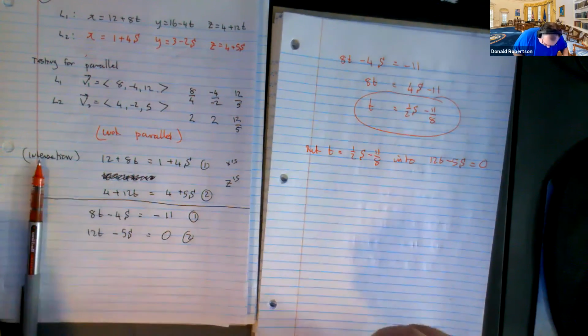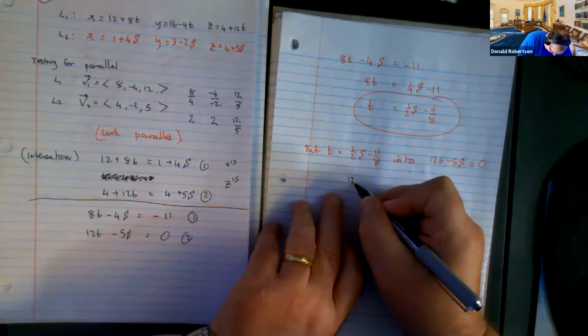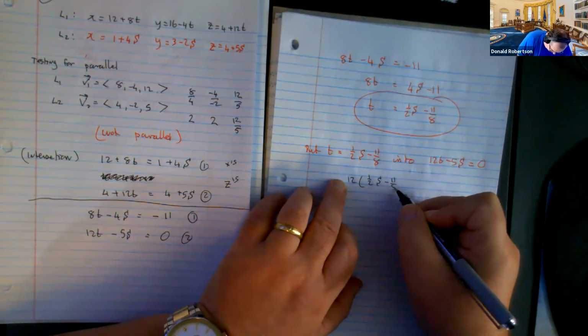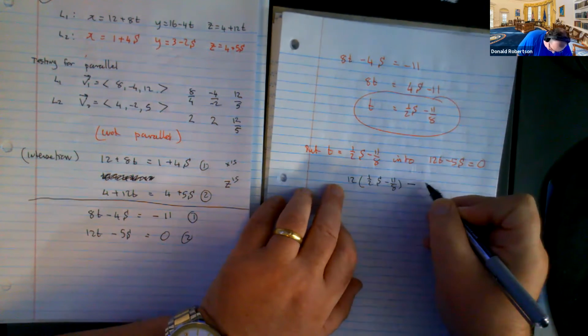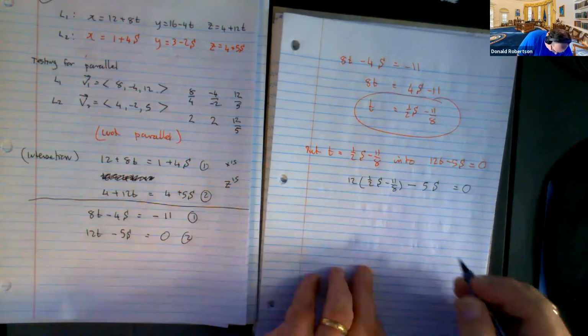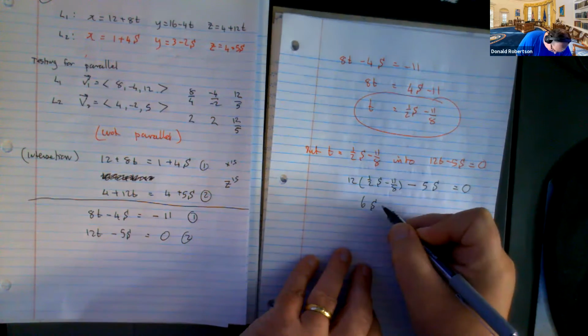Let's go back to black. So what do I have? I have 12 lots of this guy, take away 5s equals 0. 12 lots of that guy gets me 6s. 12 lots of that guy, oh God, that's 4, 4.